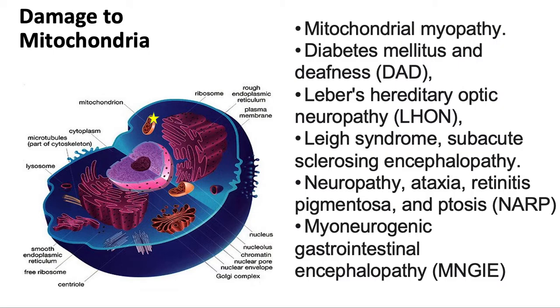We know several mitochondrial diseases, including mitochondrial myopathy, diabetes mellitus and deafness, Leber's hereditary optic neuropathy, Leigh syndrome, subacute sclerosing encephalopathy, neuropathy, ataxia, retinitis pigmentosa, and ptosis, myoneurogenic gastrointestinal encephalopathy.